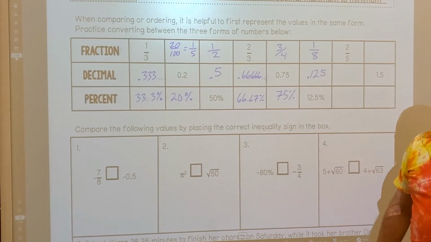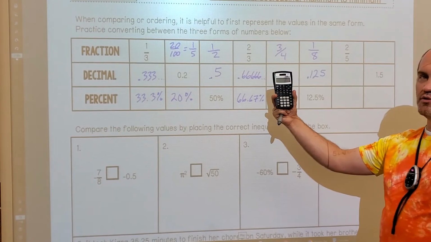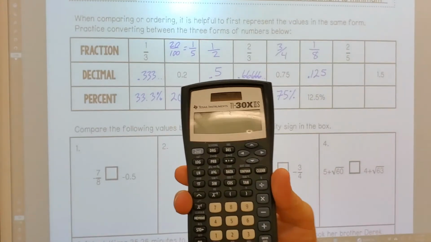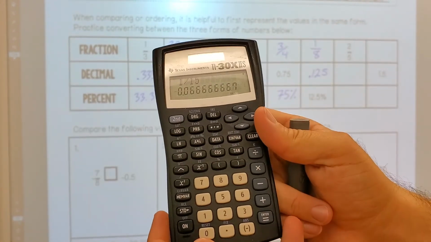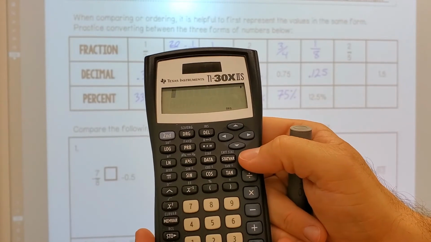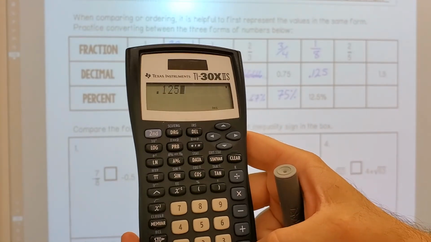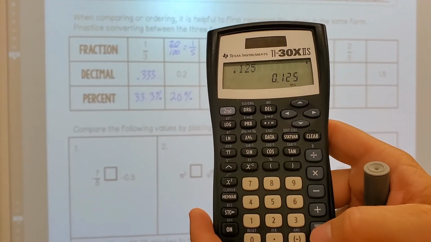Okay. There's also a trick. Let me grab a calculator. I'm using this calculator. We're going to see if I can get it up close enough to where it's viewable. Okay, I'm turning it on. And there's already a number in there. So if I do 0.125, here's this cool trick. I'm trying to see if I can see it on the screen very well. So then I'm just going to hit enter.